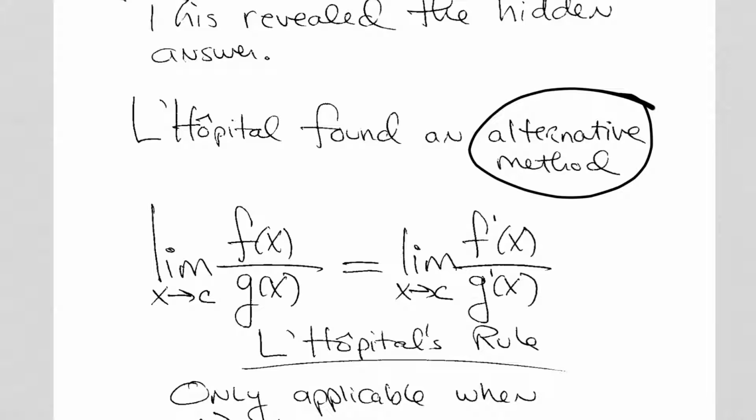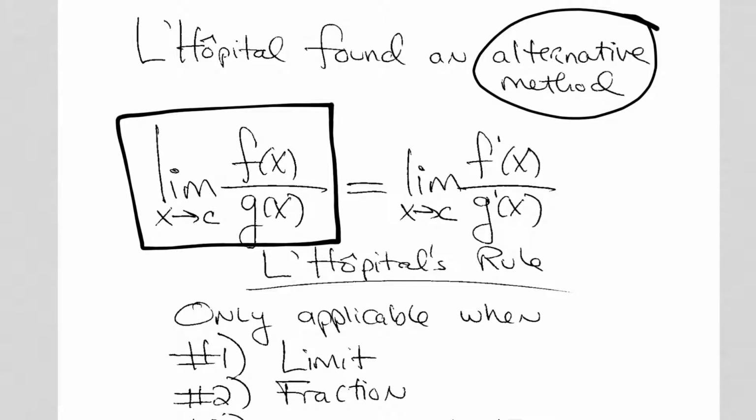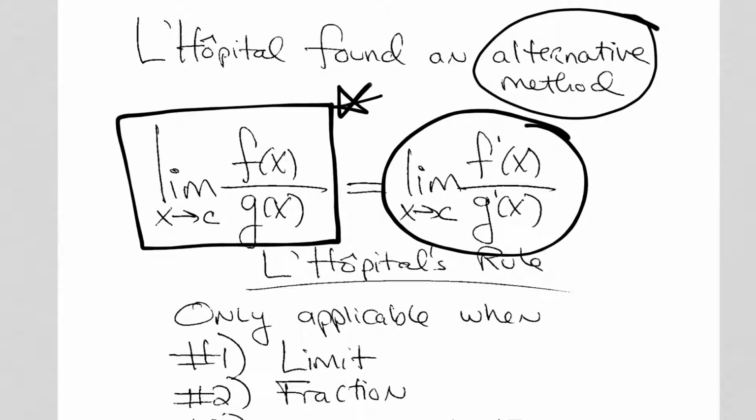If you run a limit as x approaches c on a fraction, and you obtain the indeterminate form, L'Hopital discovered that, again, it has to come out to be the indeterminate form, because if it is not the indeterminate form, then you already have your answer. But if it is the indeterminate form, the suggestion is try a new limit. And here's the new limit right here.